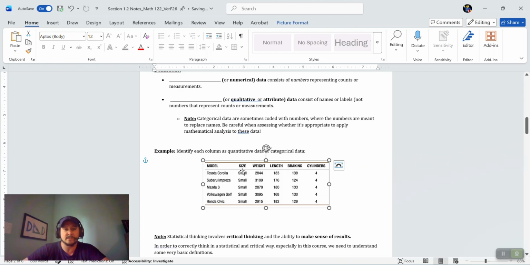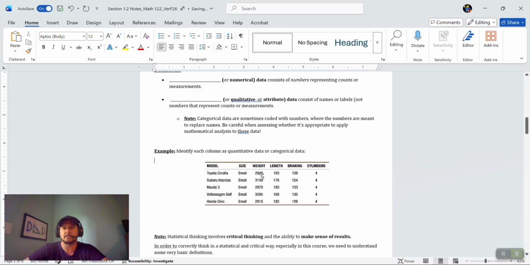So maybe that's small, medium, and large. But the remaining columns, these would be quantitative data because these are things that are basically measured and that the numbers have meaning for.